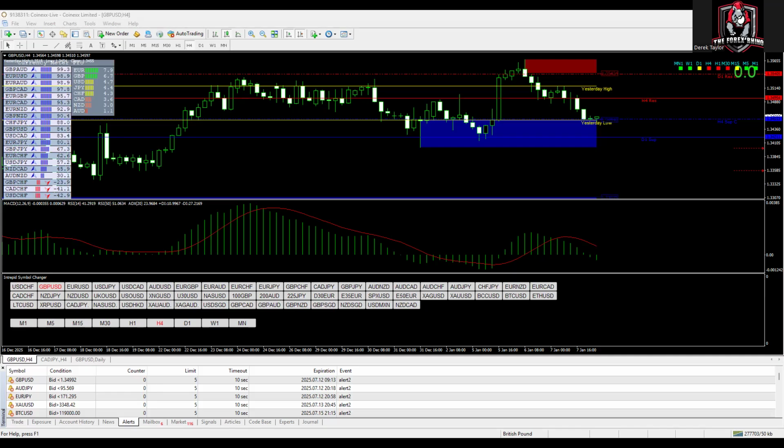So if price is heading in the upward direction and the candles start getting smaller, the RSI starts to get lower, the ADX is getting lower as it heads toward yesterday's high, or in our example tonight with GBP USD, as it comes down and touches that demand box, and all of a sudden the money disappears, then we know that momentum for the downward movement, the money, everything has halted.